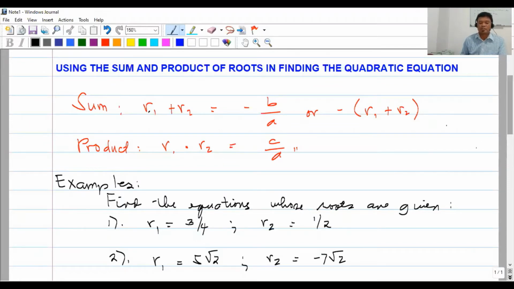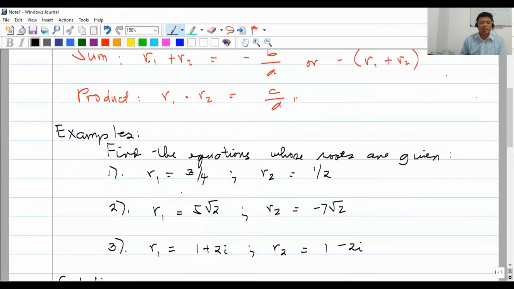Okay. For example, find the equations whose roots are given. Number 1, root 1 is 3/4 and root 2 is 1/2. Number 2, root 1 is 5 square root of 2, and root 2 is negative 7 times square root of 2.